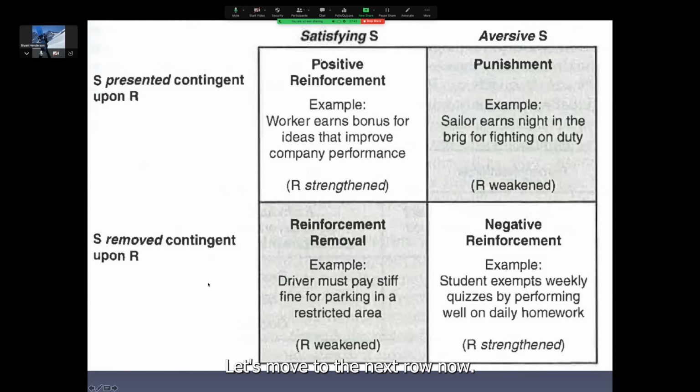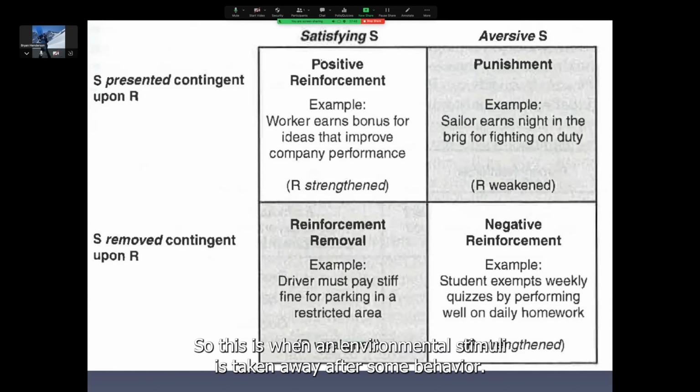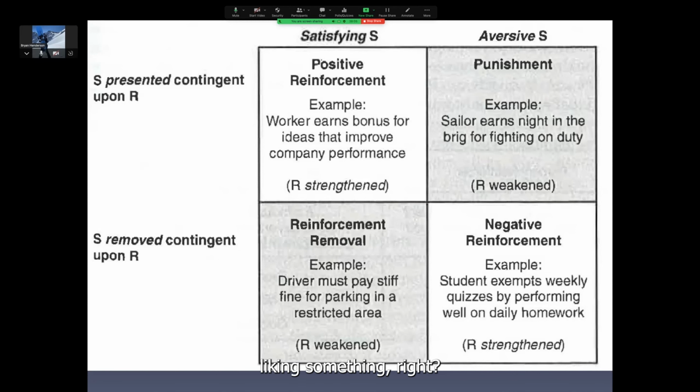Let's move to the next row now. So the next row is taketh away. This is when an environmental stimulus is taken away after some behavior. So let's say there's this behavior and you have a learner liking something, right? So this is a satisfying stimulus. And if they do something that you don't want them to do, you take away the thing that they liked.